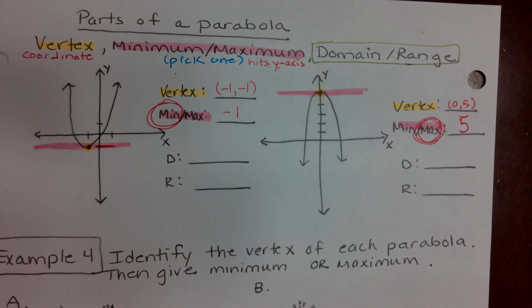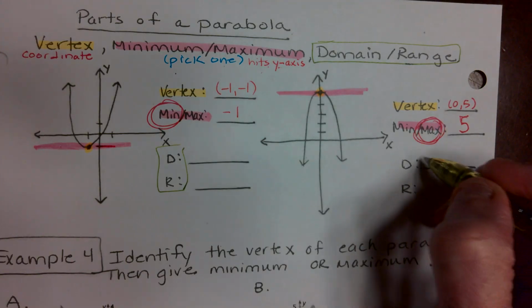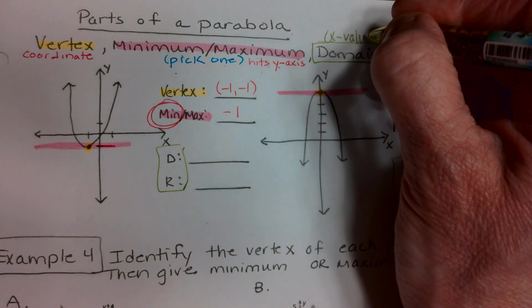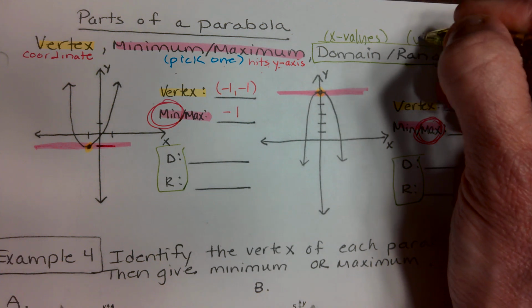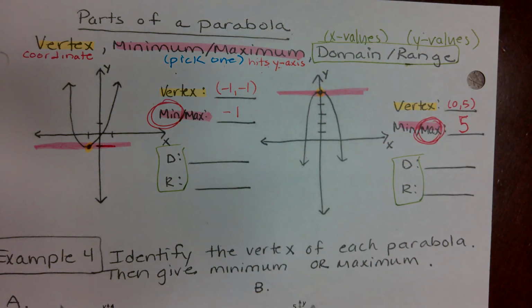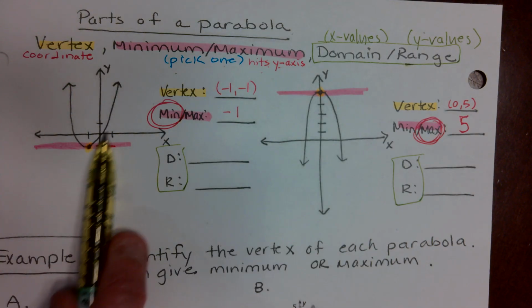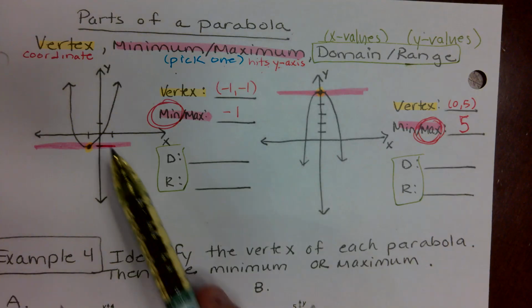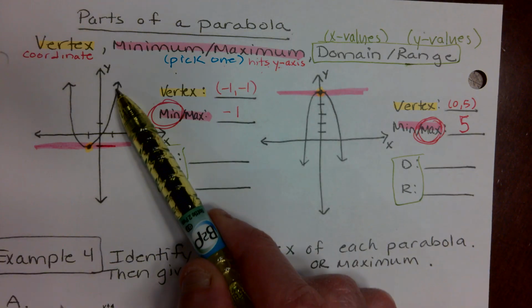Domain and range. Okay, so domain and range, you remember domain is your x values, and range is your y values. Well, here's the really good news. The domain is kind of easy for parabolas that are going up and down like that, because these parabolas go on forever.